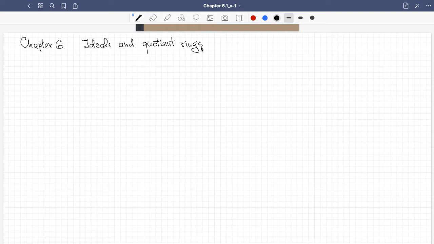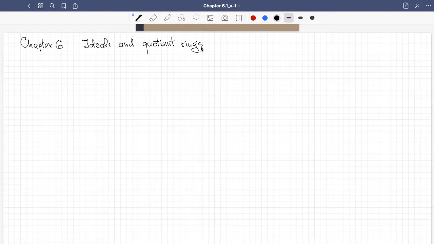Now we present this same construction in general for just rings, not necessarily these two instances of rings as ring of integers or ring of polynomials.